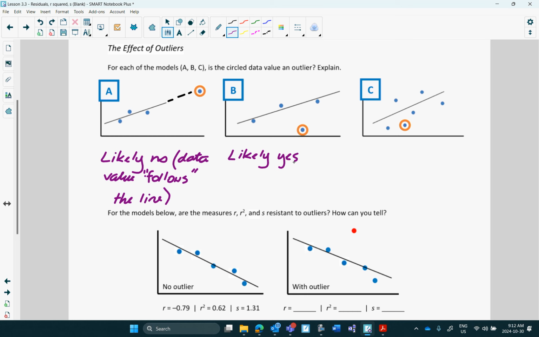So likely yes. We'll just say greater residual value than the others.